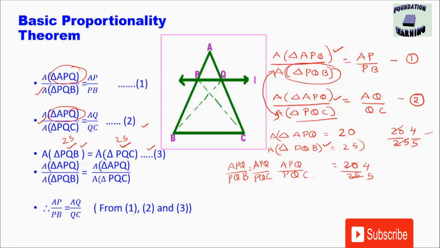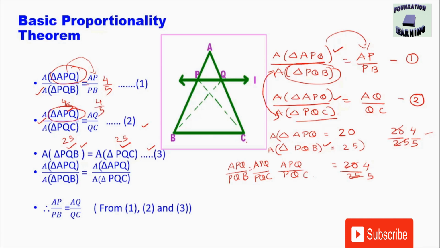Now what is 4 upon 5? We are saying the left hand side is equal to right hand side here, right? What does this equal to sign mean? That the left hand side is equal to right hand side. That means if left hand side is 4 upon 5, right hand side will also be 4 upon 5. Here also APQ is 4 upon 5.